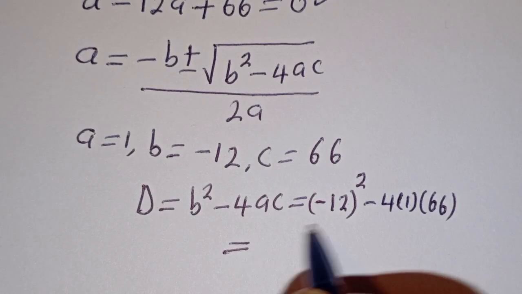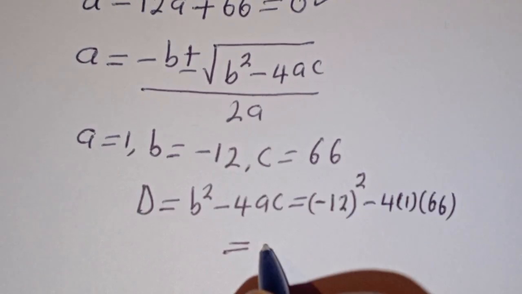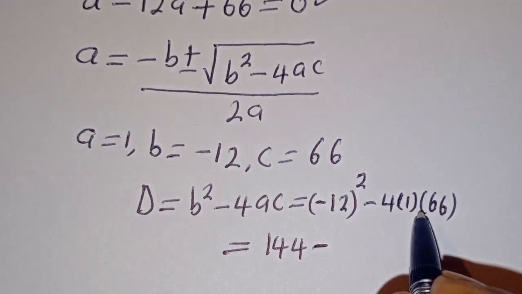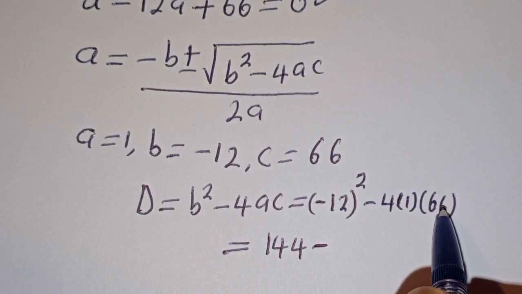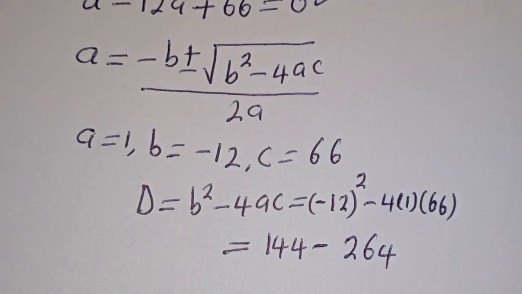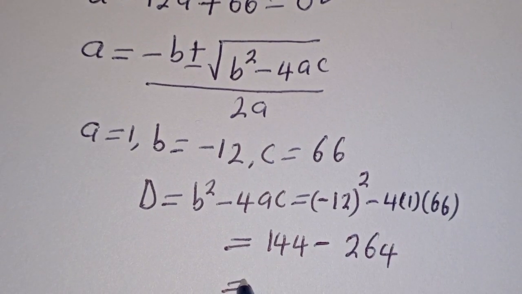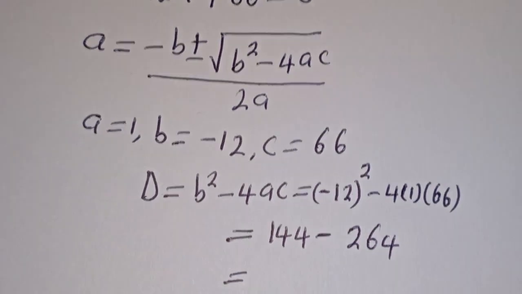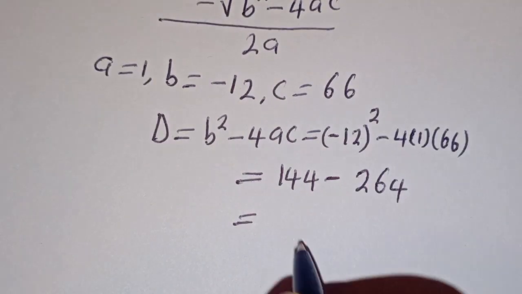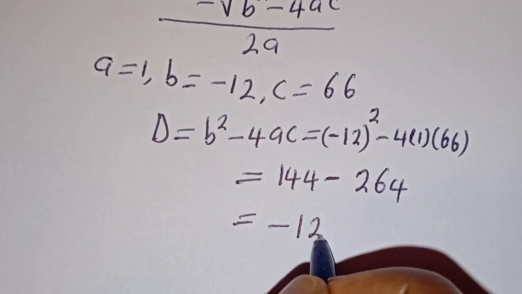Then this is equal to minus 12 square, that is 144, minus 4 multiplied by 1 multiplied by 66, that is 264. Then this is equal to 144 minus 264. This is minus 120.